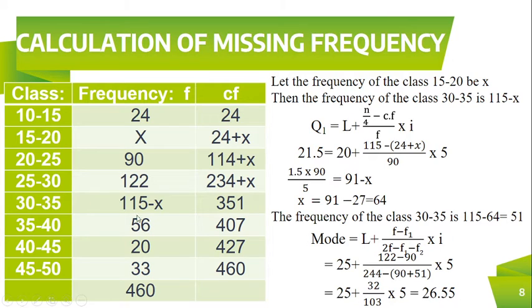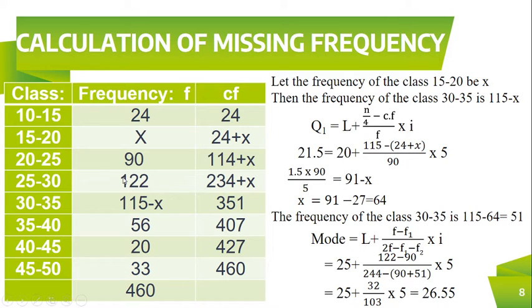So here your frequency is 64 and here your frequency is 51. The formula for mode, which we've already learned, is L plus (f minus f1) by (2f minus f1 minus f2) into i. So your modal class is the class interval with the maximum frequency.